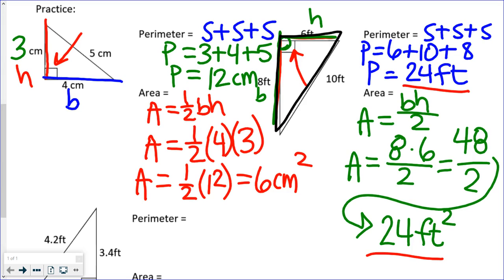What the area is: you have 24 of those little boxes inside of your triangle. So even though they're both 24, they're two completely different measurements because one is area and one is perimeter, the measurement around.